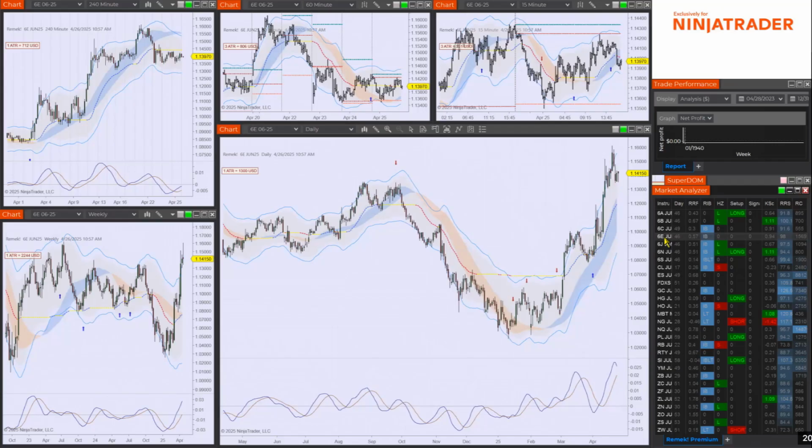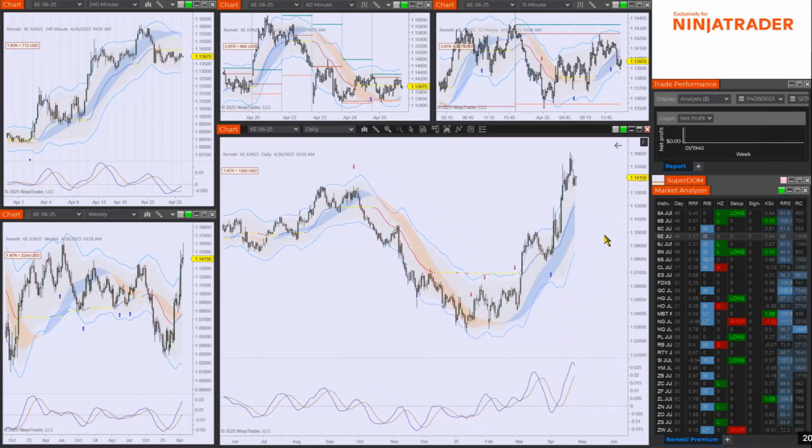The reason is that the 6E is the biggest ingredient in the DX basket. In practical terms, if you put the 6E chart and the DX chart next to each other, it would be almost a mirror image. Just by looking at the 6E, you can know where the dollar is most likely going.